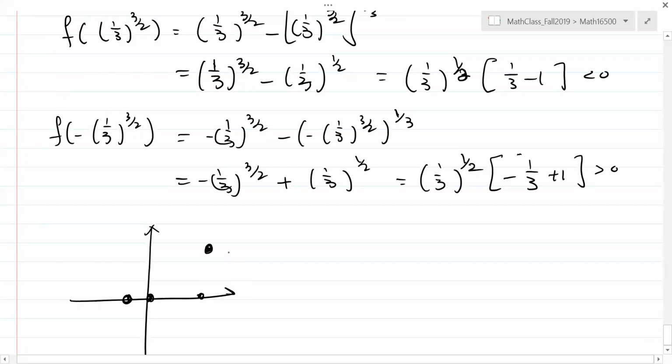Then you have 2 points here, plus or minus 1/3 to the power 3/2. One side of this is negative when x is positive, otherwise positive, and it goes like that.